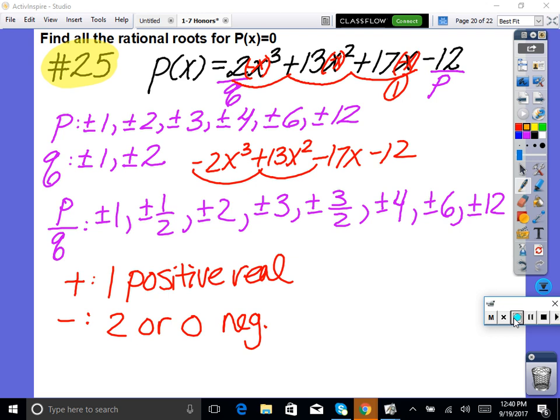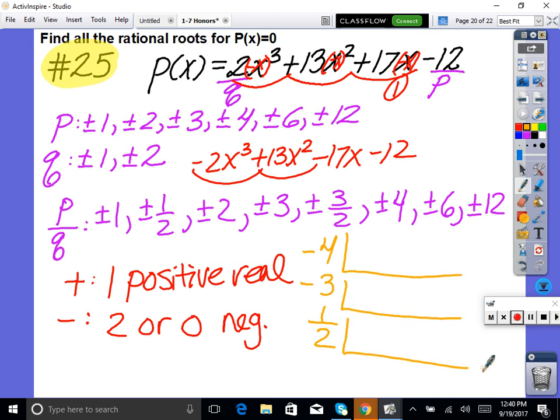Anyone? Any whole numbers? Okay, you said you would test negative 4, you said negative 3 and 1/2. Cool, so you would go through and test those. Everybody go. We're going to be quicker to split this up. Somebody take negative 4, somebody take negative 3, somebody take 1/2. Everybody choose one and go for it.